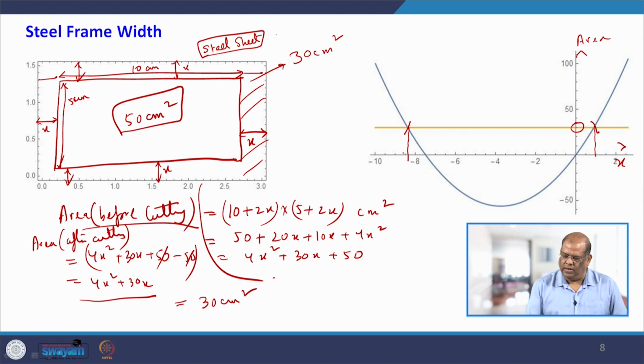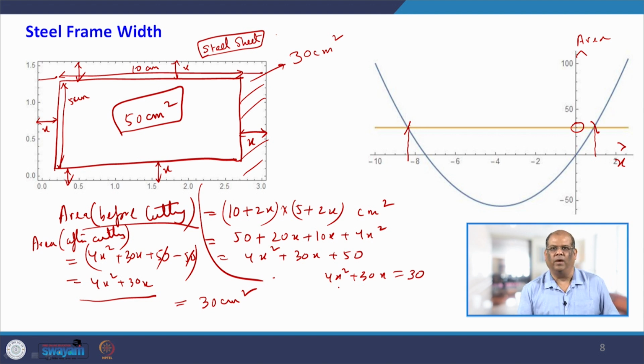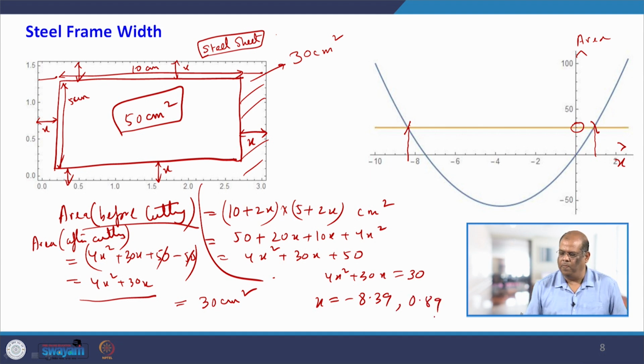So, if I solve the equation 4x square plus 30x equal to 30 using the formula minus b plus minus square root of b square minus 4ac divided by 2a, my value will be x equal to minus 8.39 and 0.89.